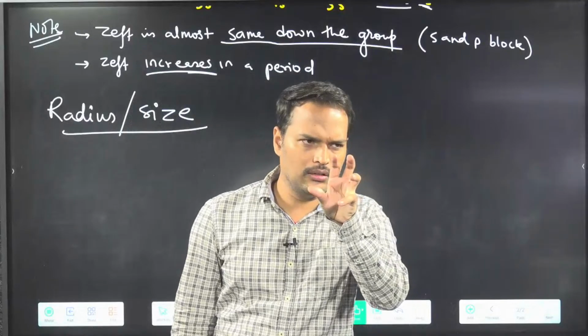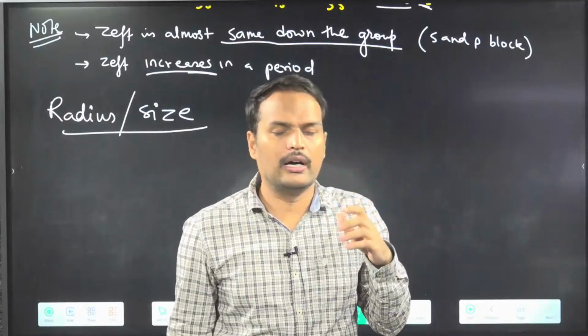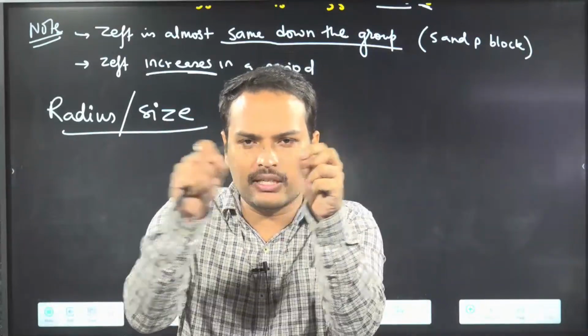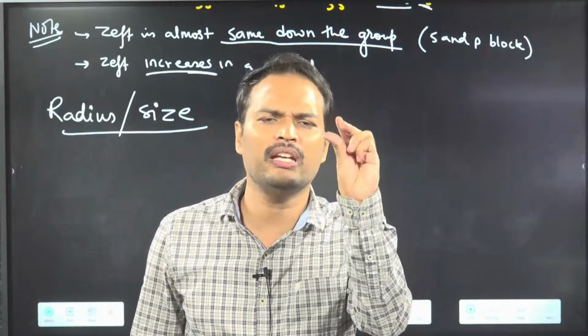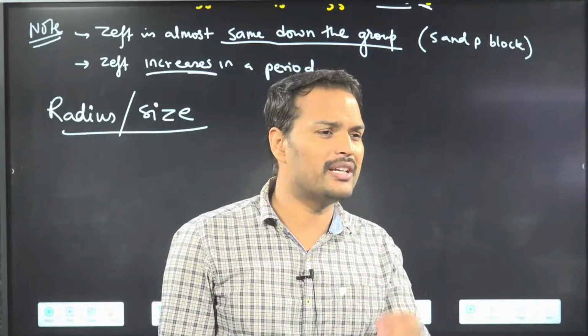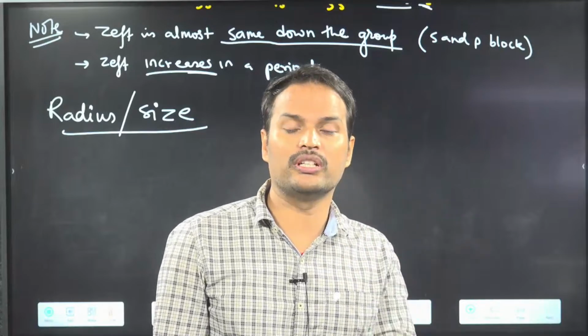Atoms are spherical. Just measure the radius of this sphere. But atoms are not like a football, it is visible, I will measure the radius. Atoms are very small, not visible even by the naked eye. So it is very difficult to find the size, the radius, because it is very small.